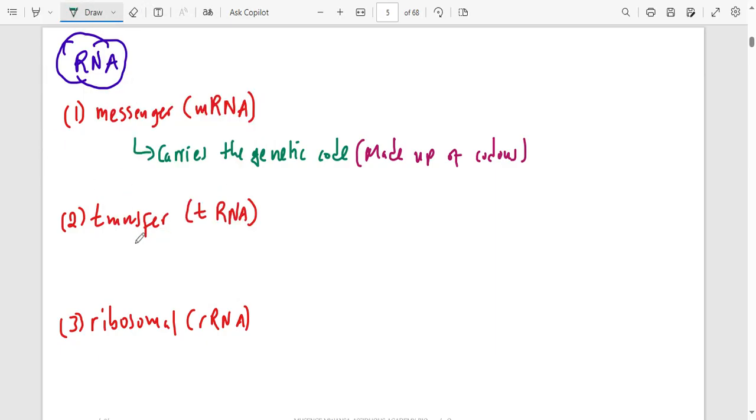What is the function of transfer RNA? It transfers amino acids in order to make proteins, or for polypeptide synthesis.